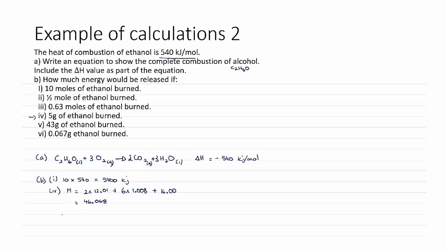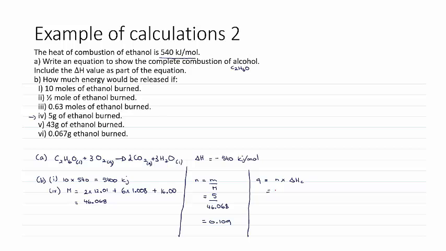Now that we've got the molar mass, we can work out the number of moles. And the final step is to work out the amount of heat that is released, so that's Q, by multiplying the number of moles by the change in heat.